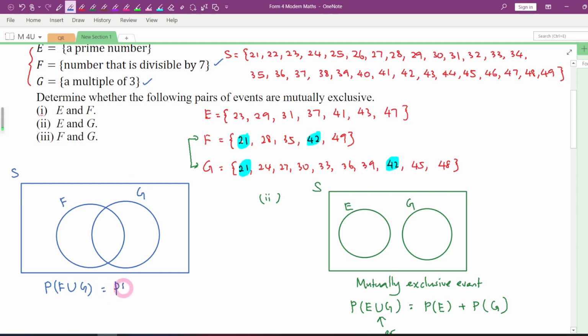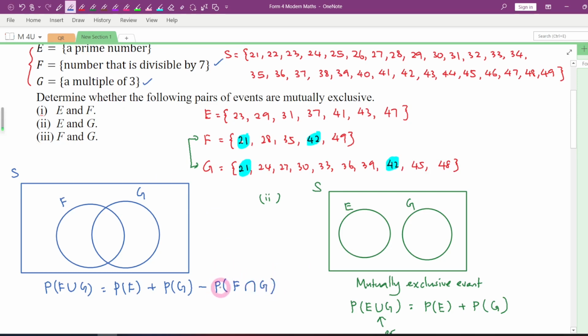It will be probability of getting a number which is divisible by 7 plus the probability of getting a multiple of 3 minus the probability of getting a number that is divisible by 7 and a multiple of 3.